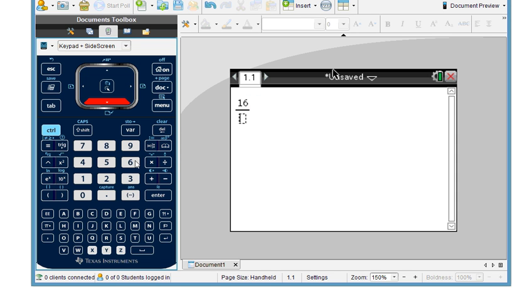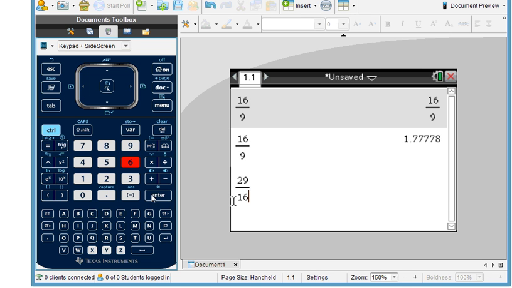Put this below 9, enter. We'll go decimalize that. 1.77. So that doesn't look the same. Next one we're going to do is take 29 divided by 16.